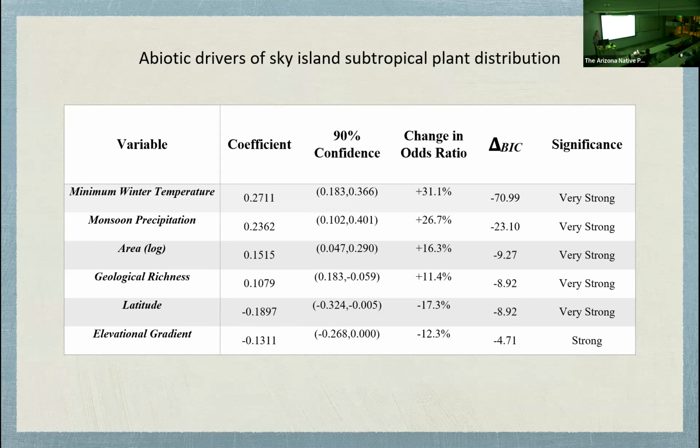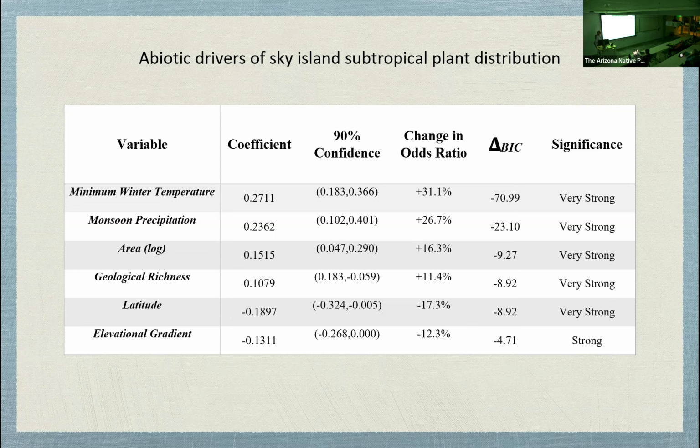The change in odds ratio is interesting to look at. What that means is when you experience an increase in a single standard deviation, we'll talk about minimum winter temperature. When you increase minimum winter temperature by a single standard deviation, it means that there is a 31.1% increased chance of any species being subtropical.